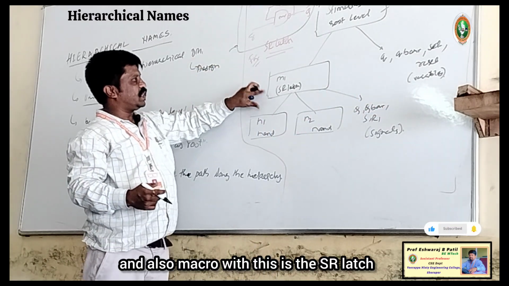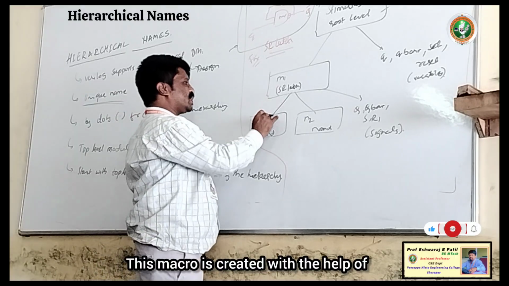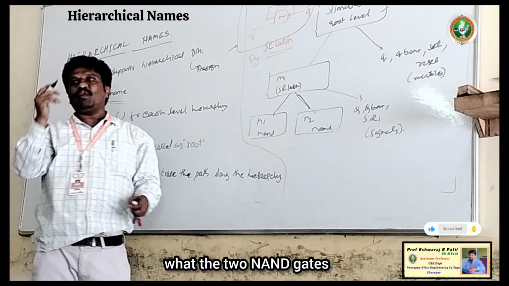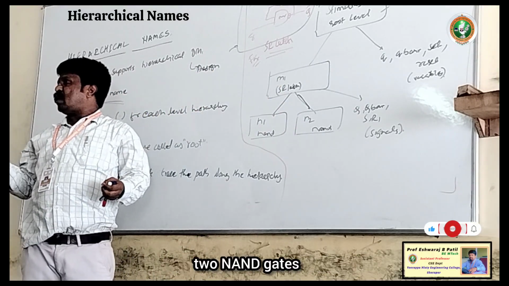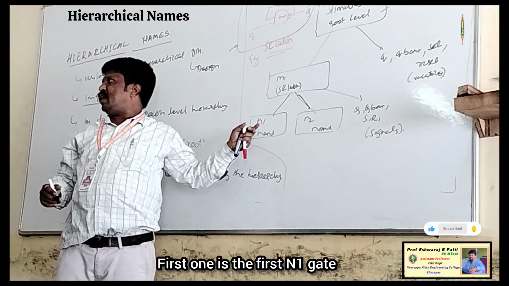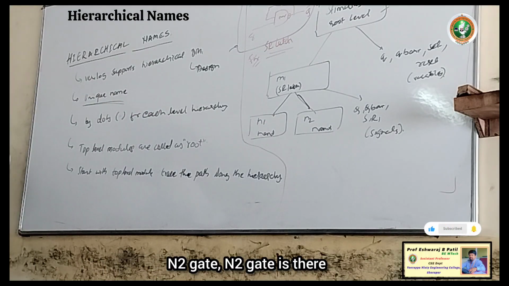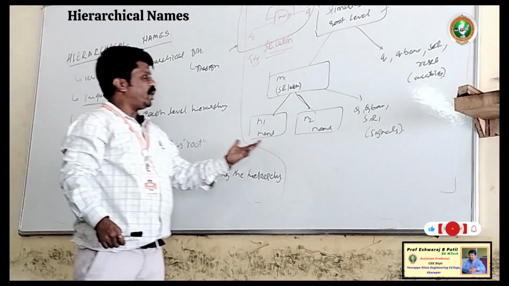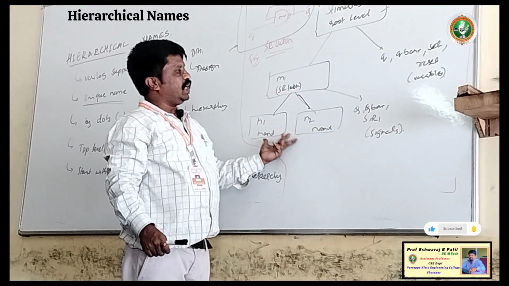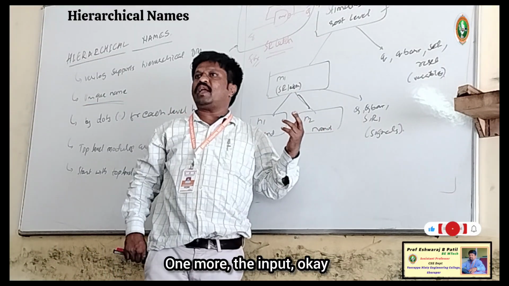And this macro, the SR latch, is created with the help of two NAND gates, first the N1 gate, another the N2 gate. This one we call the NAND gates. This is the leaf level.